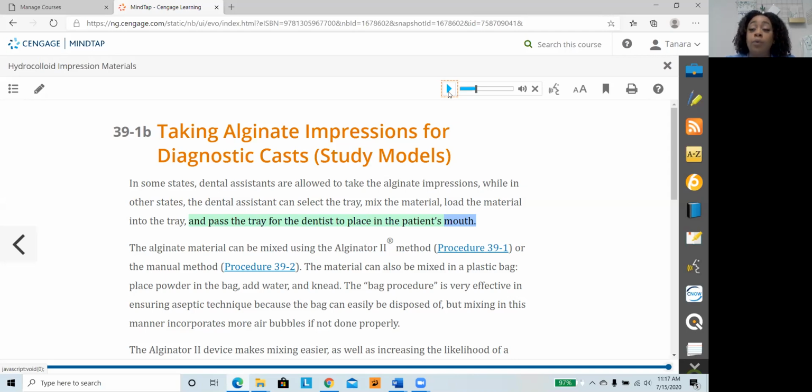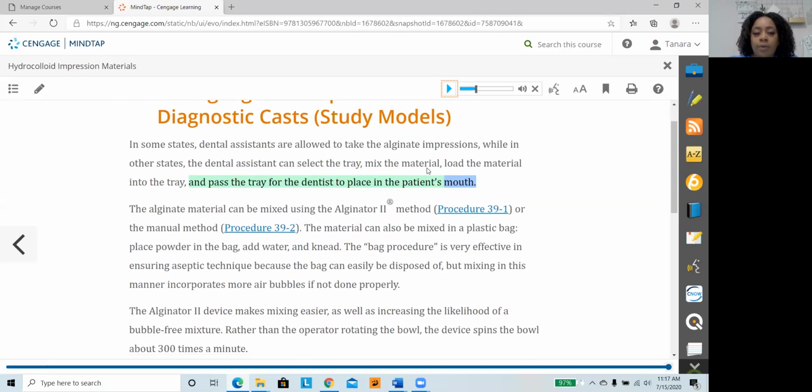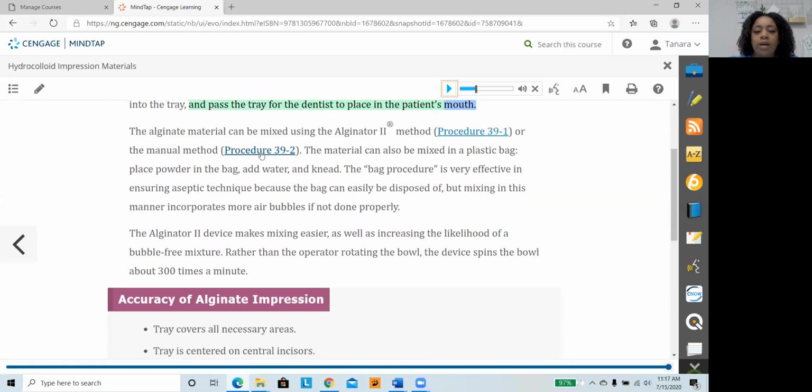The only thing that would change is the material. The brand could change, but you may still do the same thing, same impressions, taken the same way, same form. Now it's going to tell us a little bit more about alginate material.